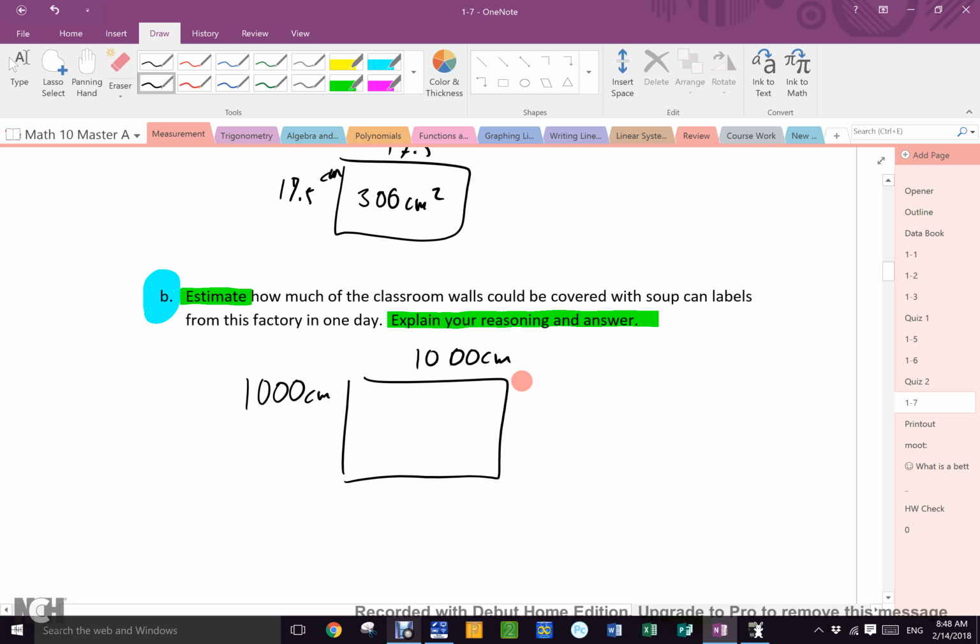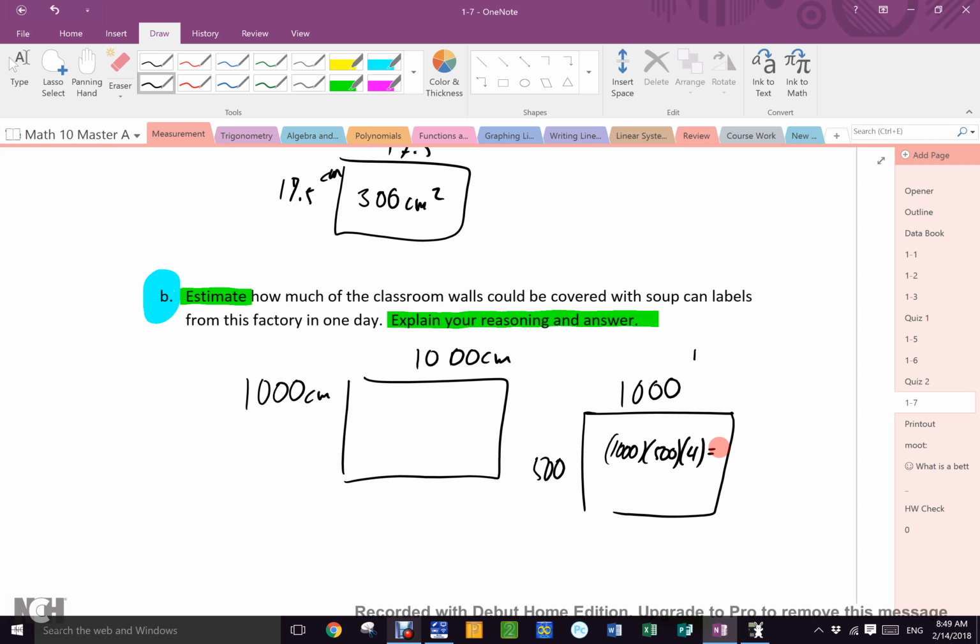So I got 1,000 in length, 500 in height. And how many of those walls are there? How many walls are in the room? 4. So 1,000 times 500 times 4 will give me how many square centimeters my walls are, yes?